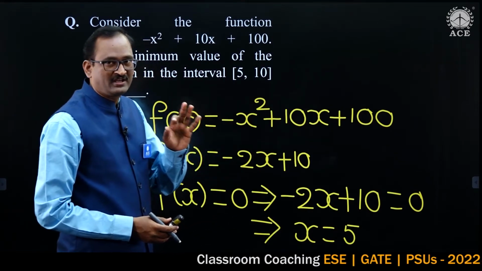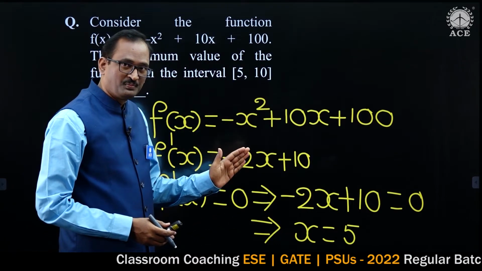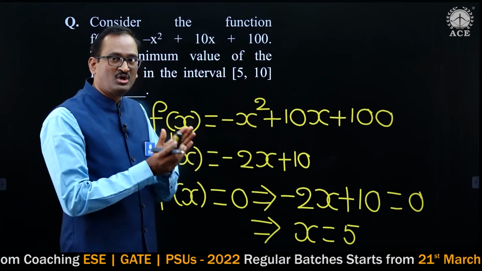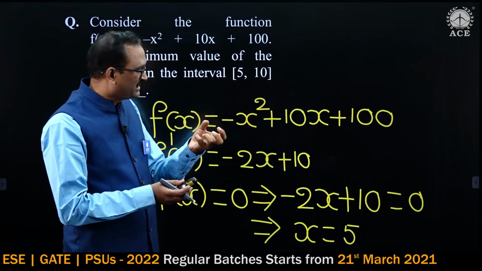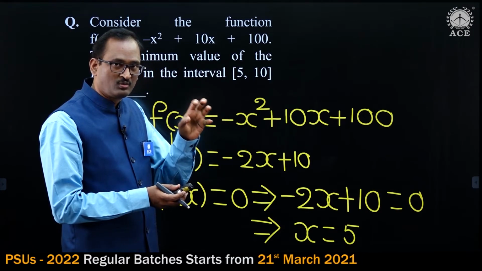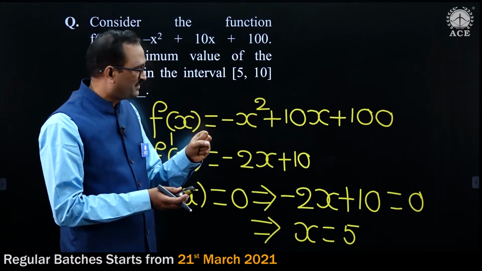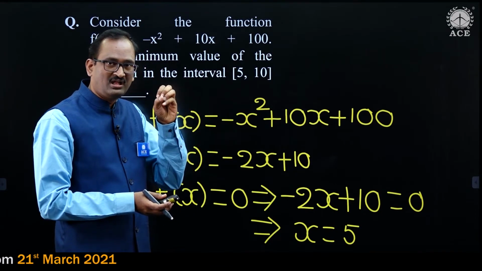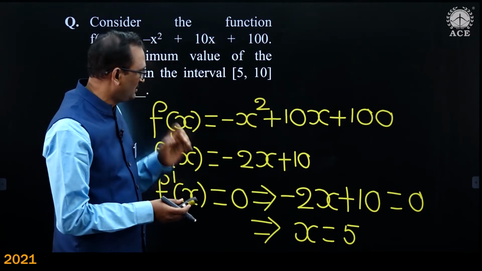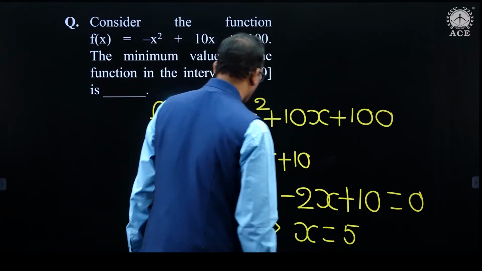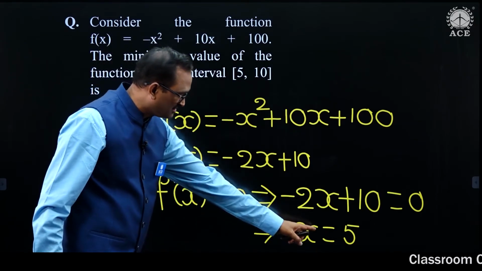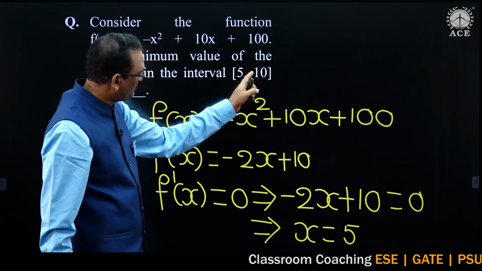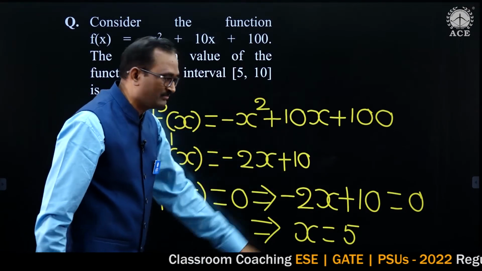We need to find f of x value at the stationary points and also at the endpoints of the given interval. Among all these, wherever you get the highest value, that would be the global maximum or absolute maximum. At whichever point you get the smallest value, that would be the global minimum, I mean absolute minimum. Let us find f of x value at the stationary point and also at the endpoints. Of course, here endpoints and stationary points are same.